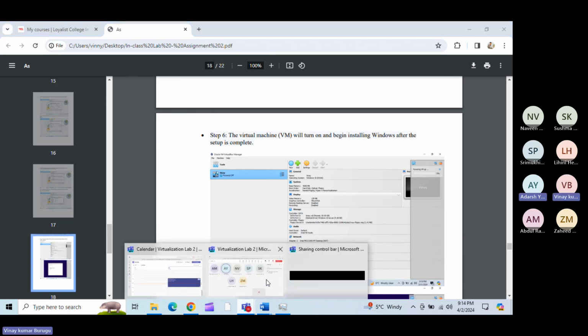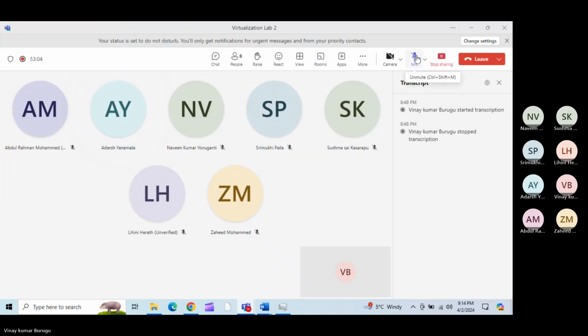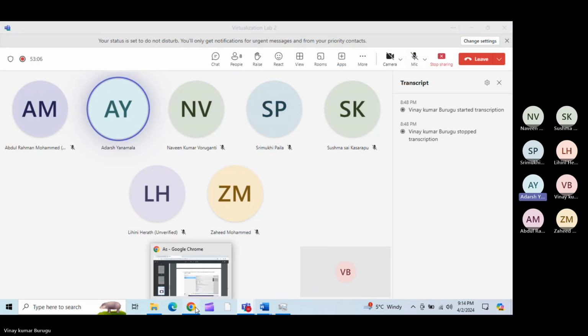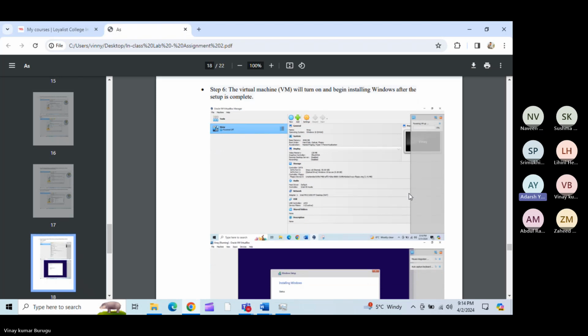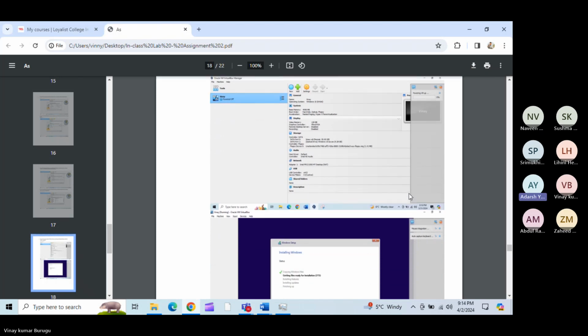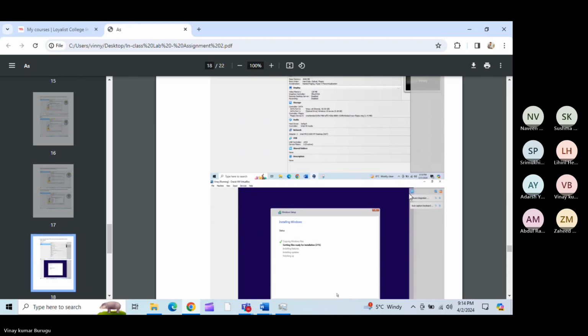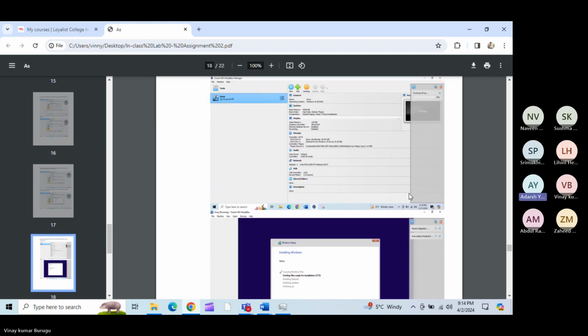Hi everyone, this is Adarsh. Now I am going to explain. Here the Windows is installing.